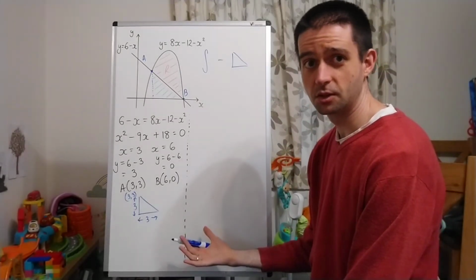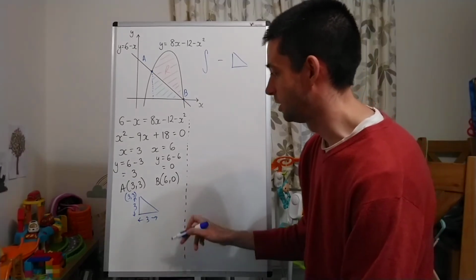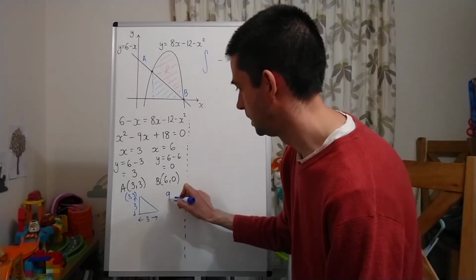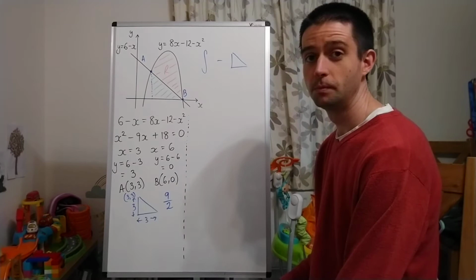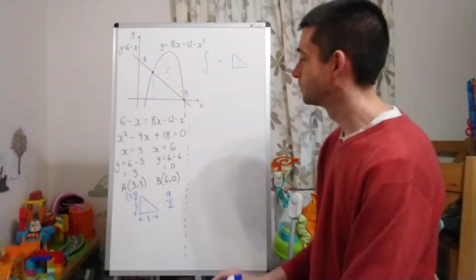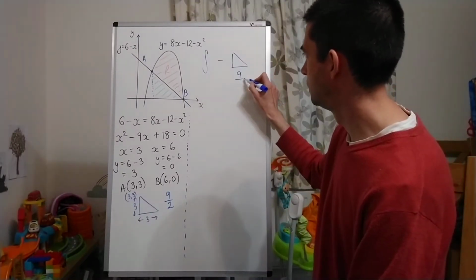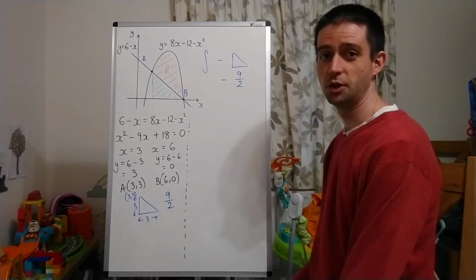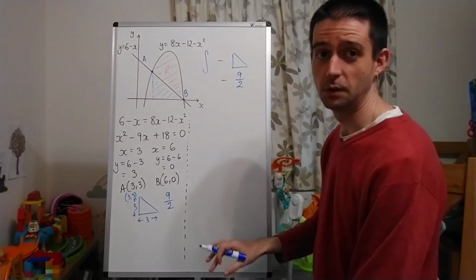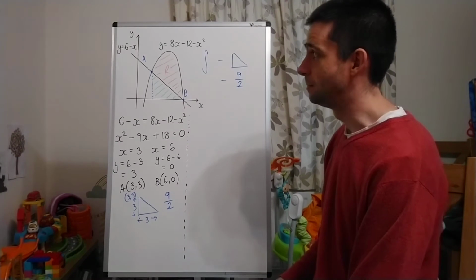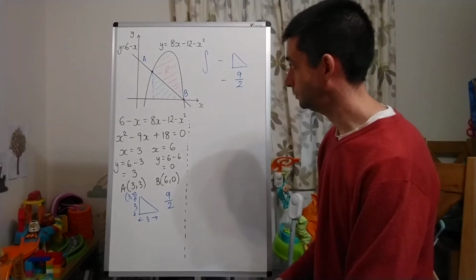So doing base times height divided by 2, 3 times 3 over 2, the area of that triangle is 9 over 2. So I'm going to put that up here as part of the solution I'm going to be working with. Once I've found the value of the integral, I'm going to be taking away 9 over 2.